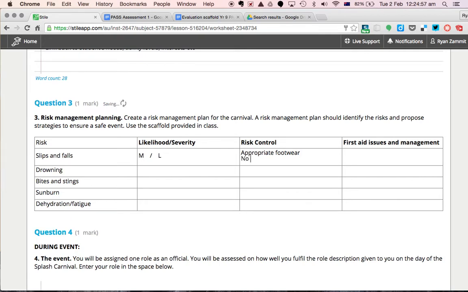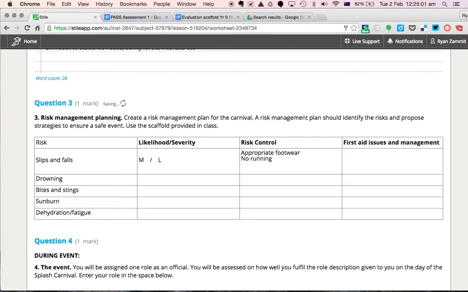Obviously, no running around the pool area. You might designate some out of bounds areas, which might further control it.